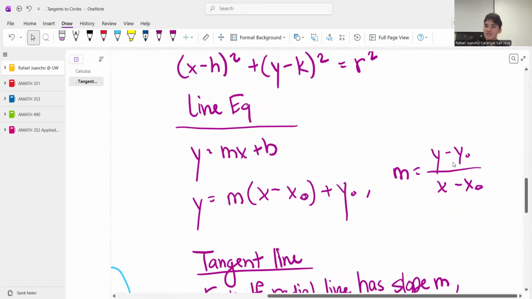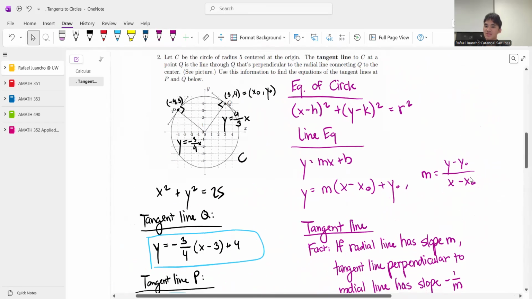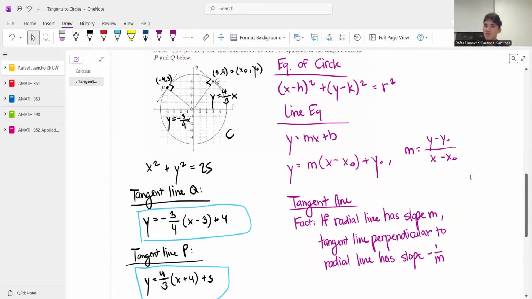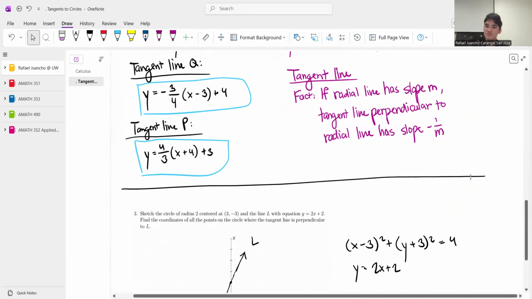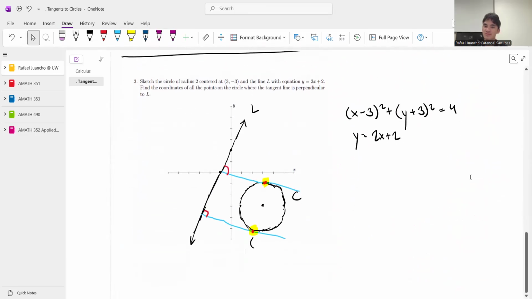But we also have this technique, y minus y naught over x minus x naught. And we know the point x naught, y naught is just 3, -3, because that's the center.